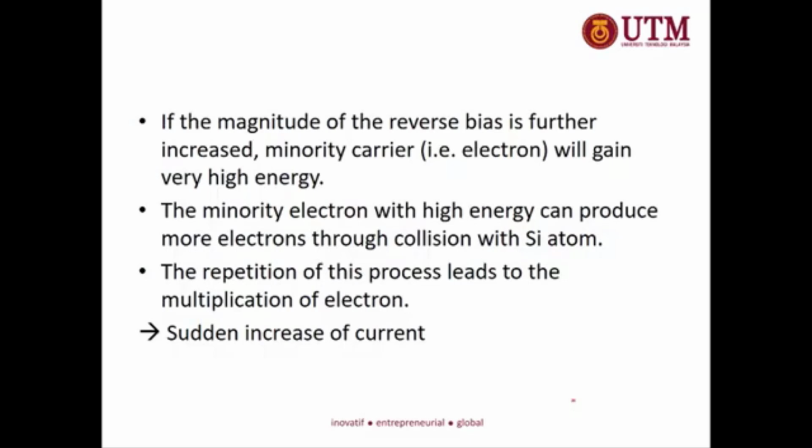Okay, in reverse bias, in the previous slide, we applied less than negative 1 volt. What if we apply a very high reverse bias? Let's say negative 100 volt. What will happen? When we increase the reverse bias up to 100 volt, the minority carrier, which is the electron inside the p type, will gain very high energy.